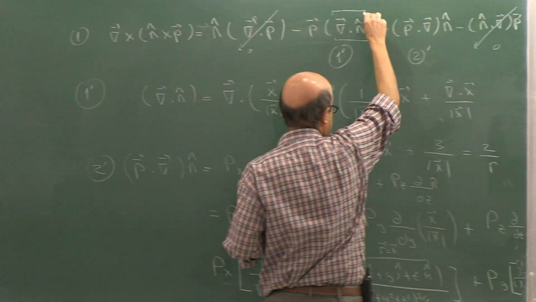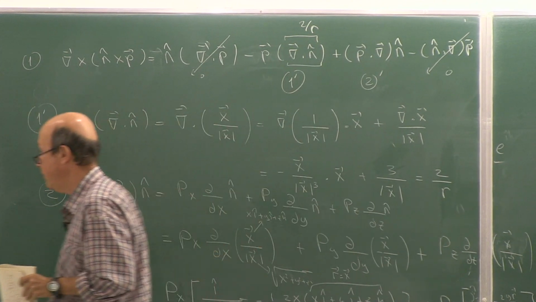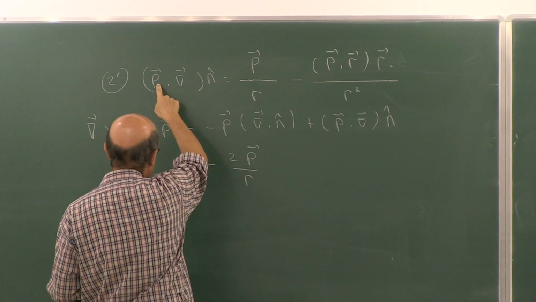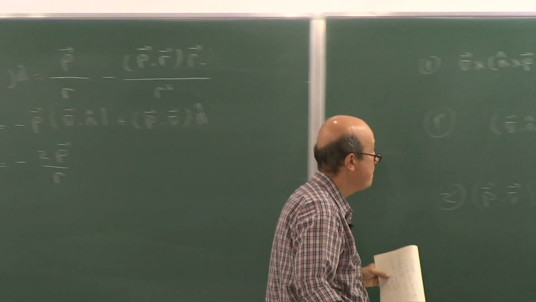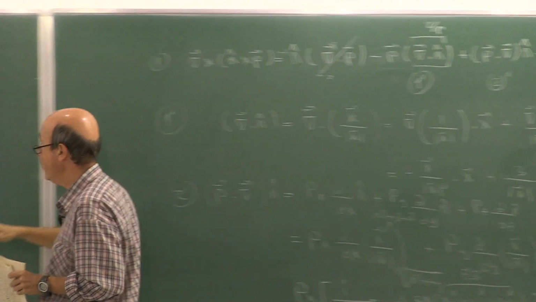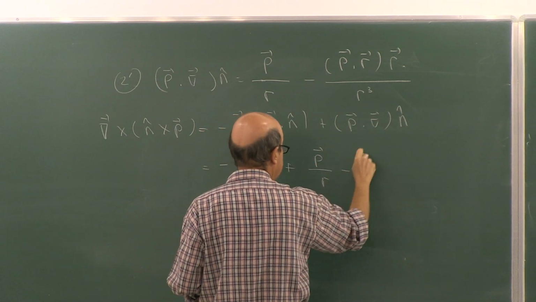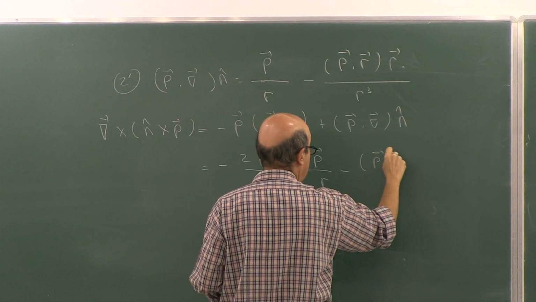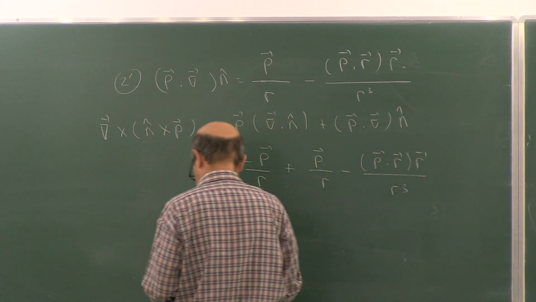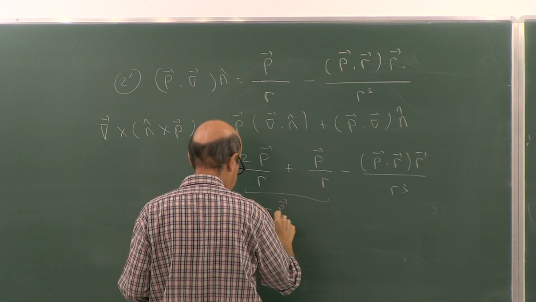So basically this is nothing but 2 over r, and p is the minus p over r. And the other term, p dot gradient along n, is p over r minus p dot r over r cubed. So this is nothing but minus p over r.